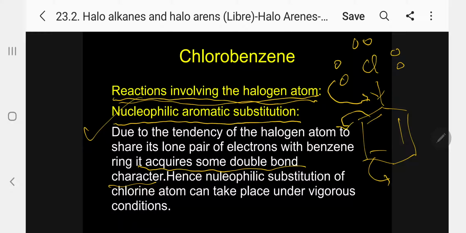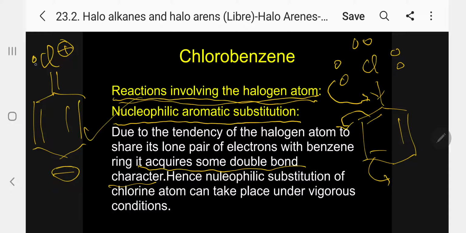So what can I write? The benzene ring will be in the form of the double bond with Cl plus, because now only 2 electron pairs are there instead of 3, as the lone pair is going inside the ring.